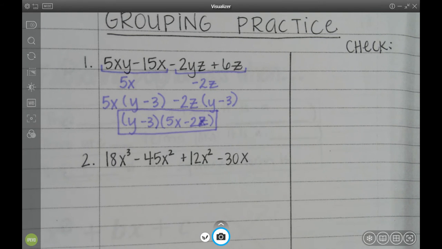Okay, there's the first one you can check. You know, it was a little weird because it had some extra variables.